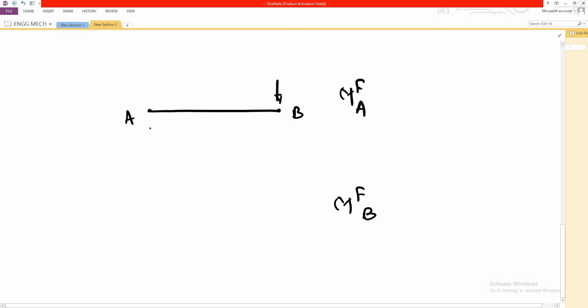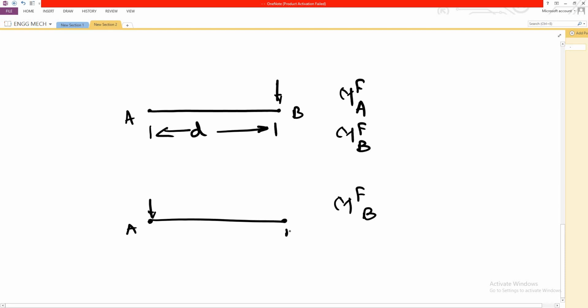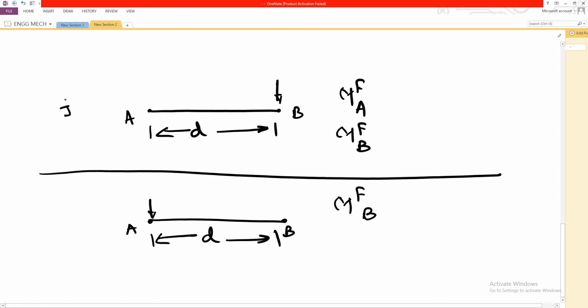Now in this example, what will be the moment of force with respect to point B, and in this example, when the force is acting itself on the reference point, what will be the moment generated? Now let's try to answer this question. In the first example, let's say this is example 1, and this is example number 2.